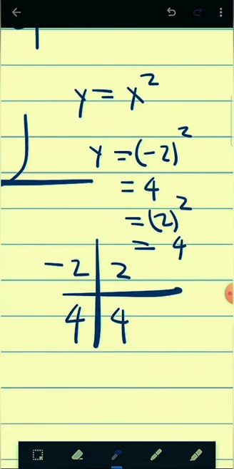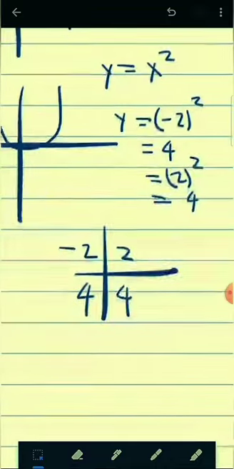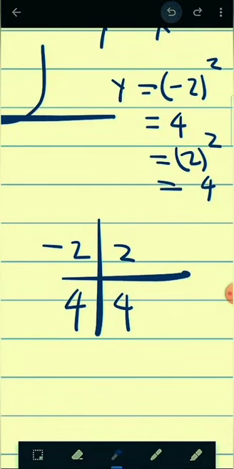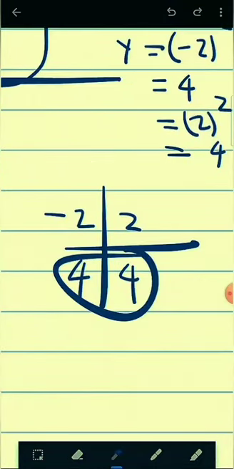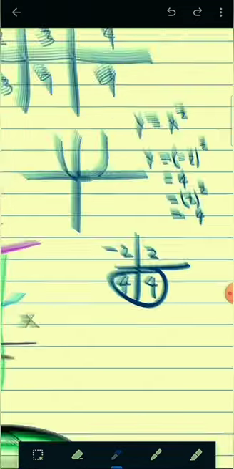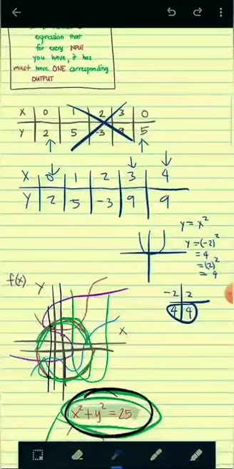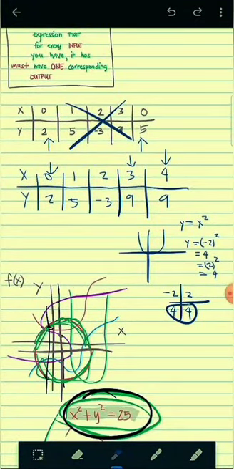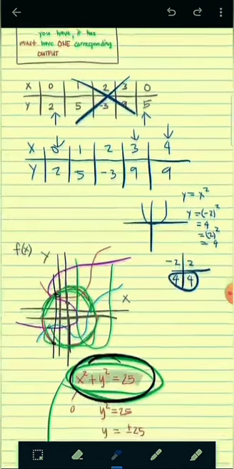So notice that I have different x's here, negative 2 and 2, but I get the same output, which is 4. This is a function, right? So that's how you determine whether a relation is a function or not.